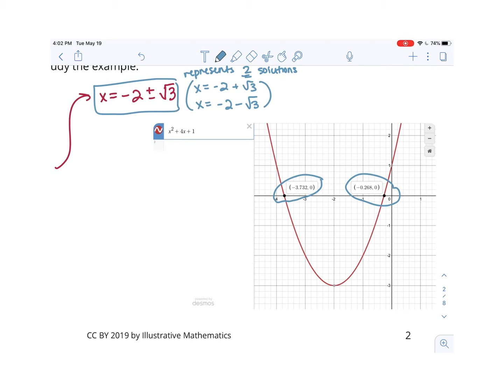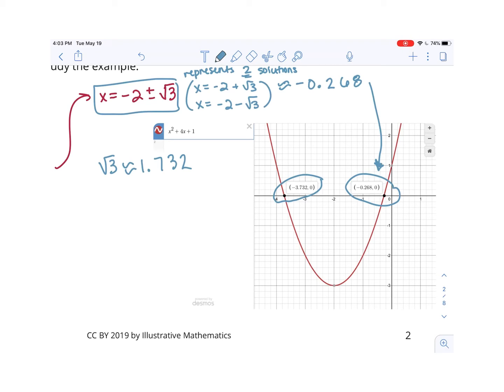And if we want to verify that these two things match up, if I use a calculator, I can say that the square root of 3 is approximately 1.732. And if I do -2 plus 1.732, I'm going to get approximately -0.268, which matches with this solution on our graph.